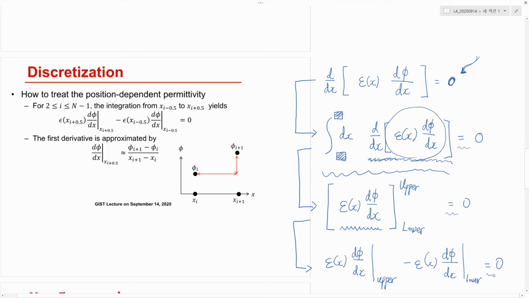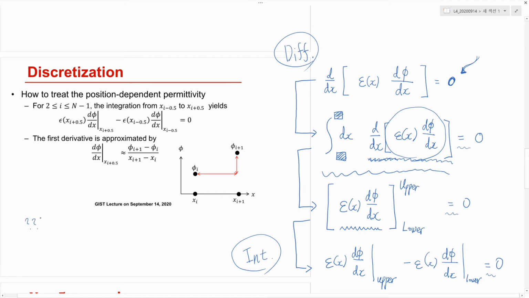Since the differential form is satisfied, even after we take the integration, the integrated term should also be valid. So now our goal is just to discretize this integrated term instead of this differential term.